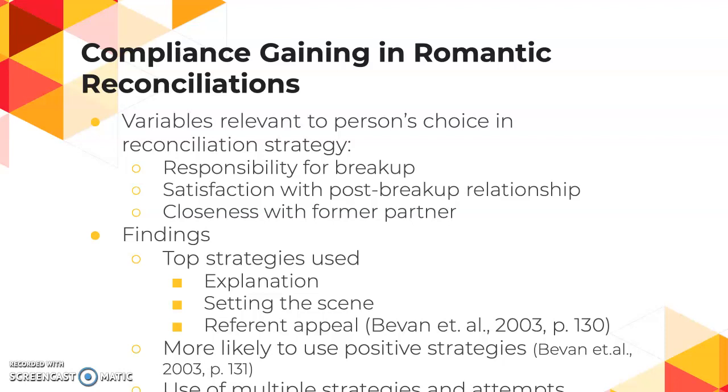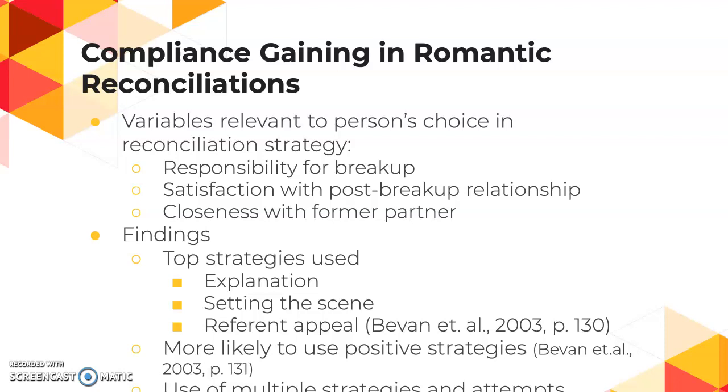People were more likely to use positive strategies such as referent appeal, promise, liking, or neutral strategies, information seeking, setting the scene, rather than negative strategies like aversive stimulation or guilt to win back their ex. This type of situation also has long-term consequences. Liking and promise were prevalent strategies due to this.